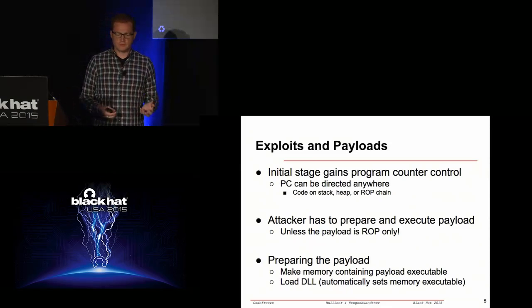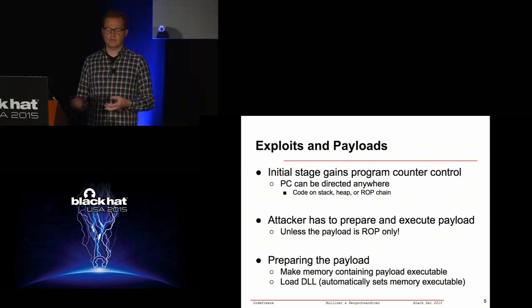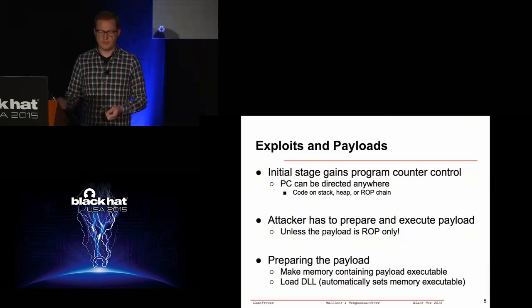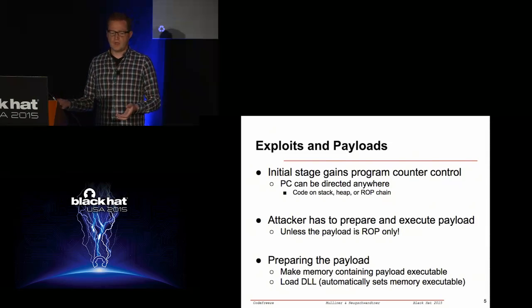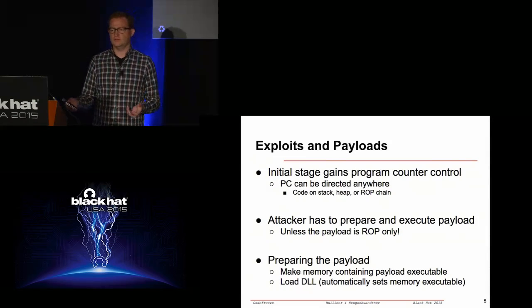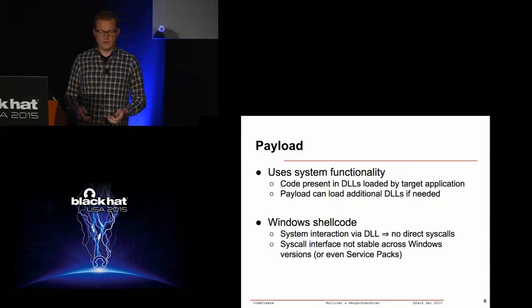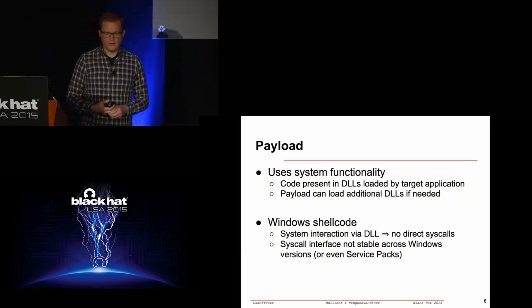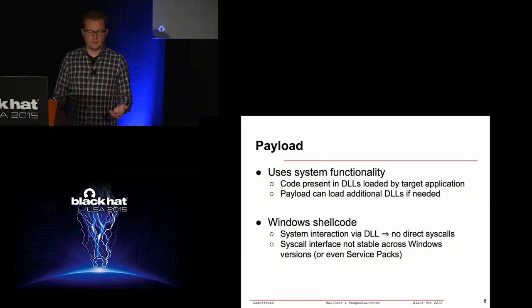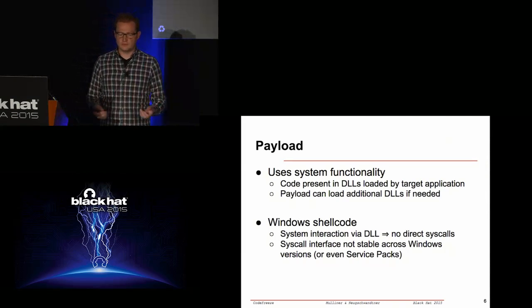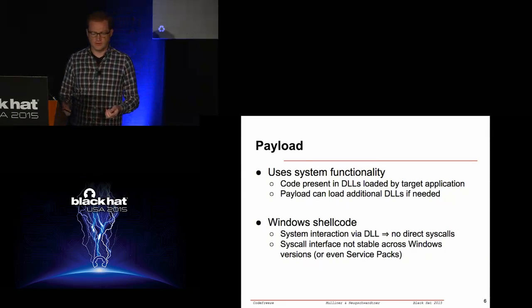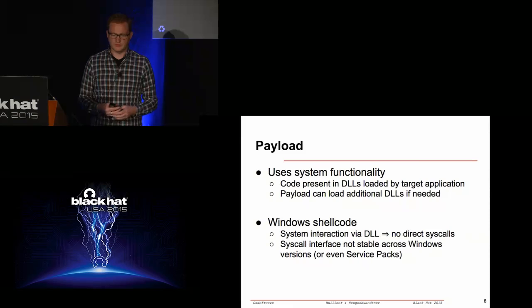The normal preparation is that you have some code somewhere in memory, and you need to make this memory executable. What often happens is that the attacker will just load a DLL, because the whole DLL loading mechanism sets certain memory regions to executable. Of course, exploit payloads use system functionality, and on Windows that functionality is mostly presented in DLLs loaded by the target application, for example NTDLL and kernel DLL.